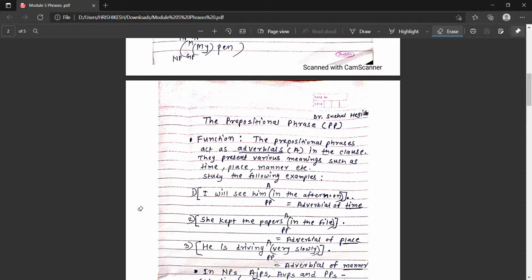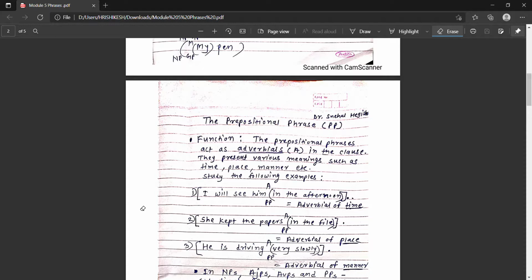So the prepositional phrase is functioning as an adverbial. We have given function labels at the top, at the beginning of that round bracket. So keep in mind the labels given at the top level are function labels, and labels given below are formal labels. Prepositional phrase is a formal label, adverbial is a function label.